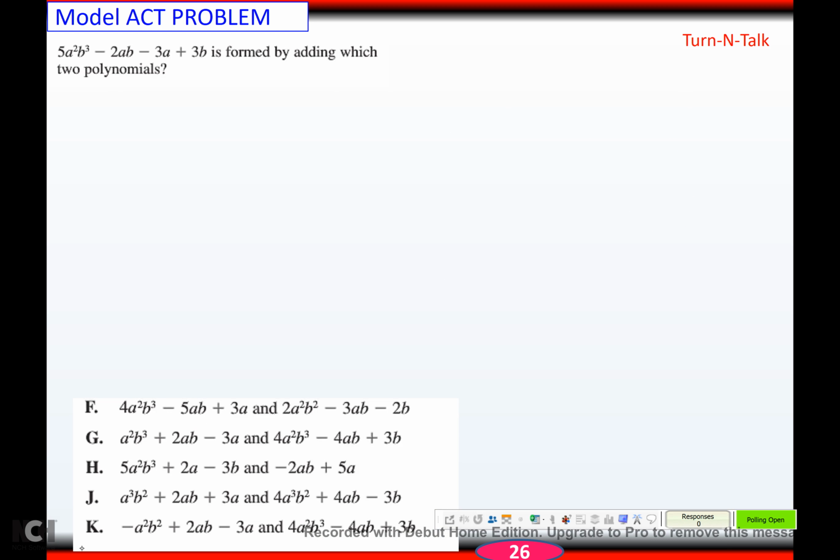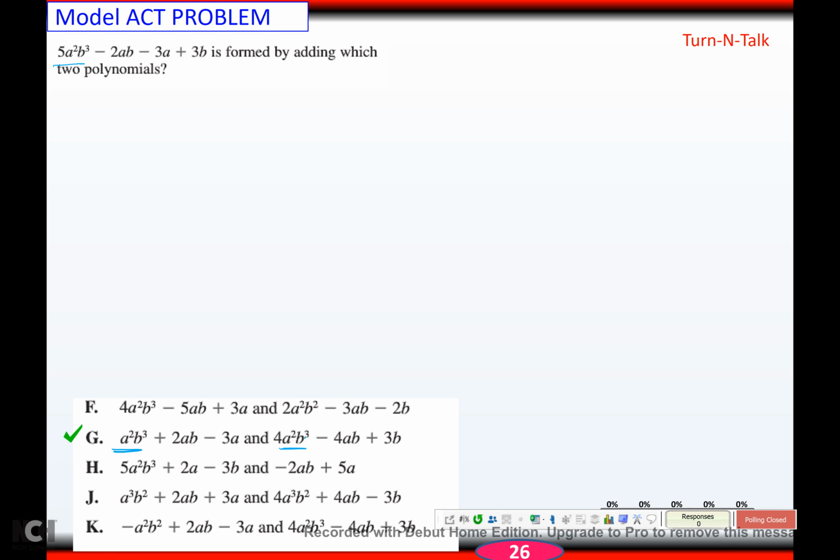Alright, go. Hit pause. Come back when you're ready. Alright, on this one, you got to figure out which two got added to get this. Well, I know that I need a 5a squared b cubed. Well, that would be a squared b cubed plus 4.